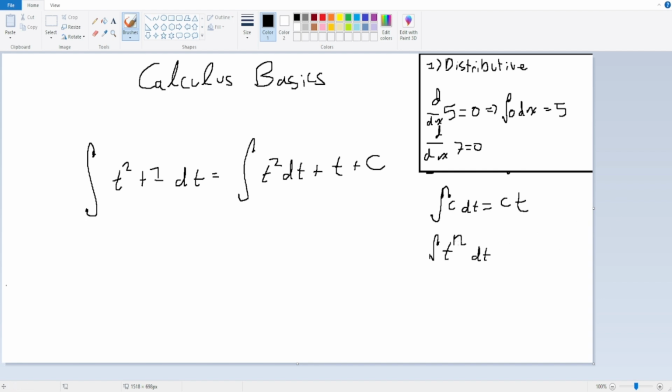So the power rule doesn't apply for t to the power of negative 1. Keep that in mind. But it applies for t to the power of negative 2. And so t to the power of n, any integral of that is going to be, let me think for a second. Oh yeah, it's n plus 1.